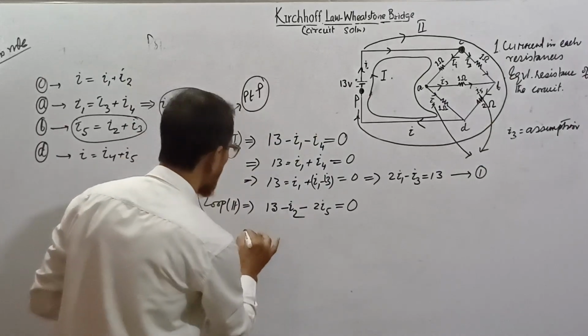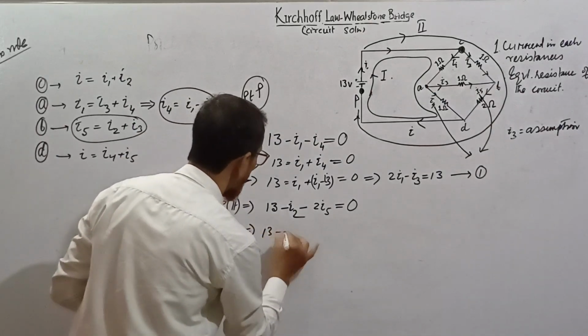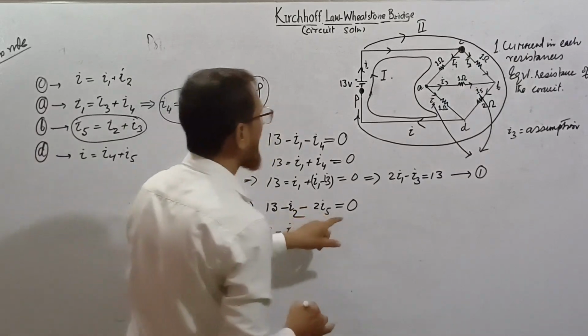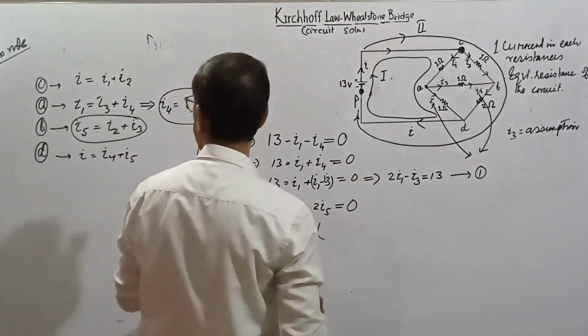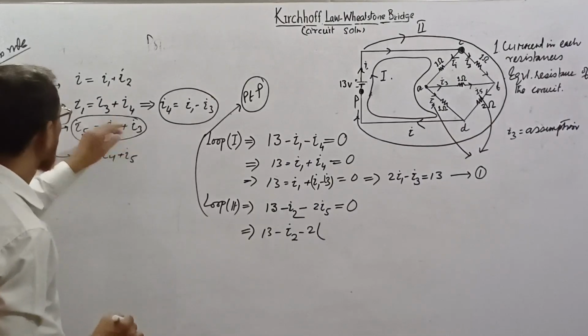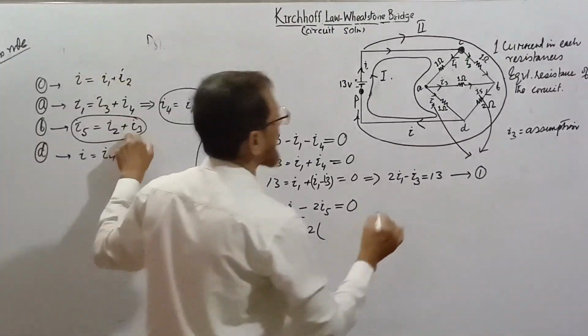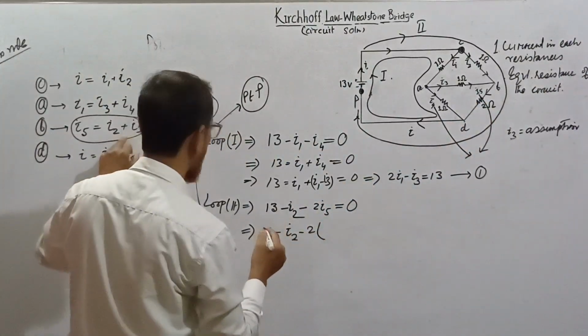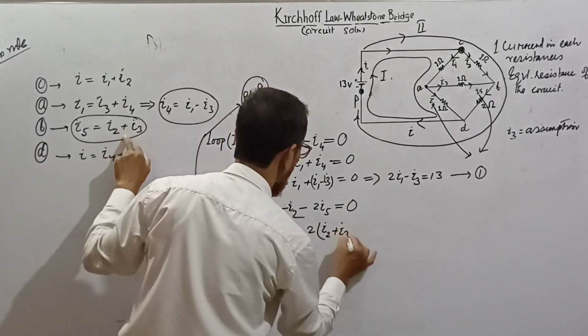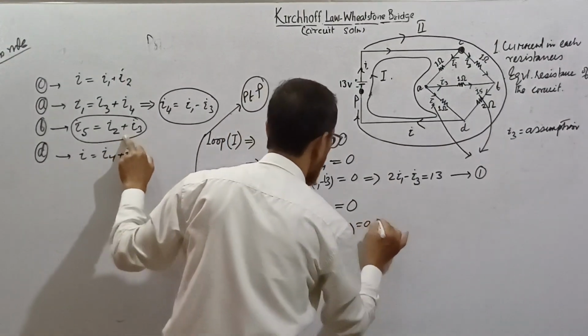Keep in mind I3 minus I2 minus 2 I5. What is I5? Let us find out I5. I5 is equal to I2 plus I3. So here you write I2 plus I3 is equal to 0.